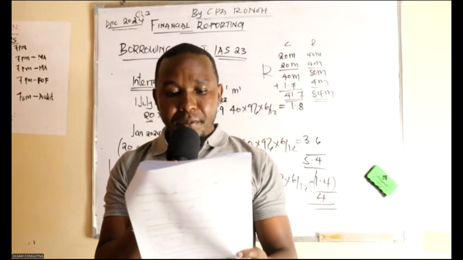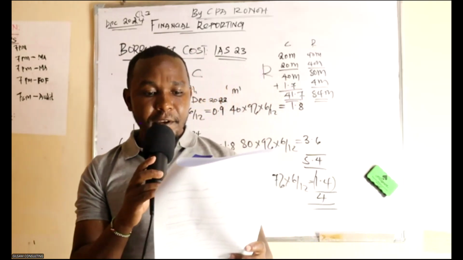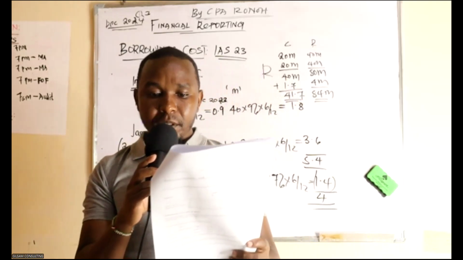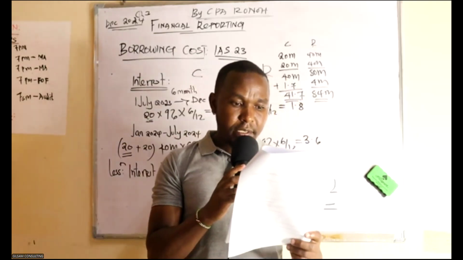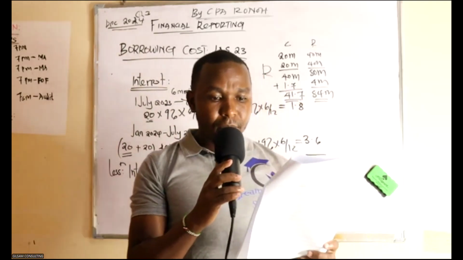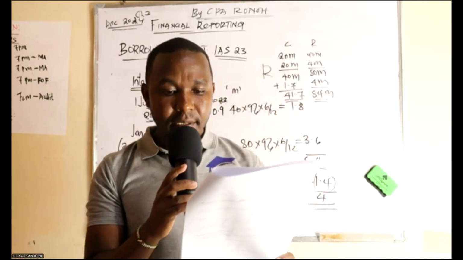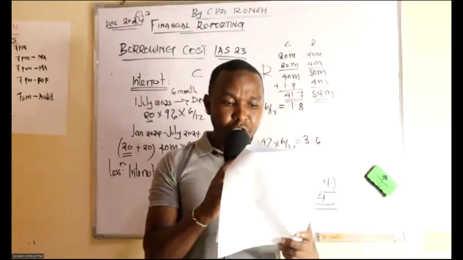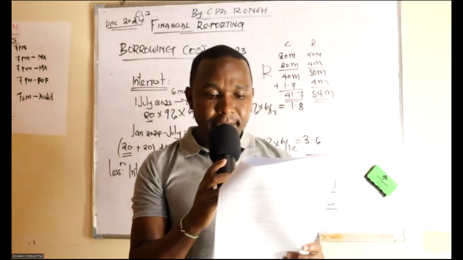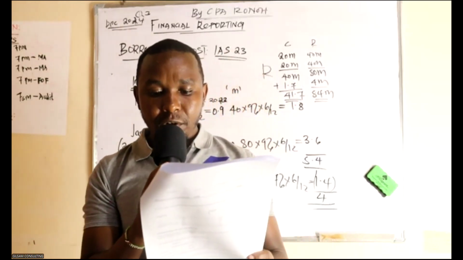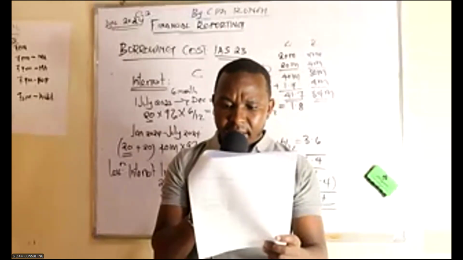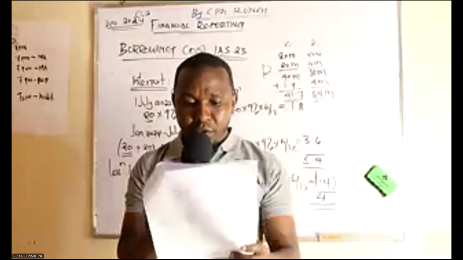Assure Limited borrowed 30 million to finance two projects A and B on 1st July 2011. Project A, 5 million from 1st July 2011, and project B is 10 million. And then January 2012 is 5 million for project A, and project B is 10 million. Unutilized funds on 1st July 2011 were invested temporarily at the rate of 7% per annum, and the rate of interest on the loan was 9%.